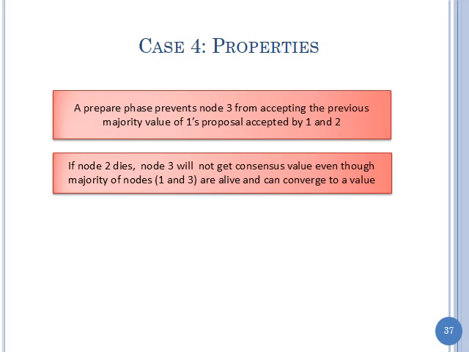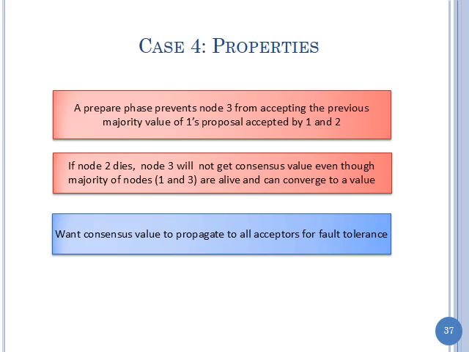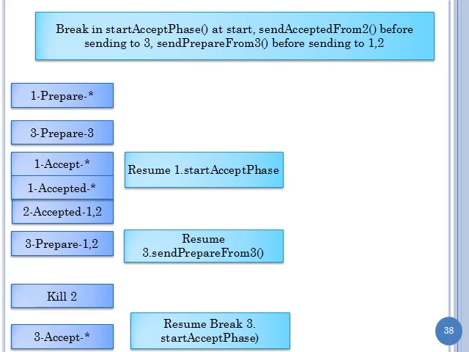Now at this point node 2 dies, then node 3 will not get the consensus value, even though the majority of nodes, 1 and 3, are alive and can converge to a value. 3 refuses to accept 1's accepted value. And we want the consensus value to propagate to all acceptors for fault tolerance. So constructing this case is more complicated.